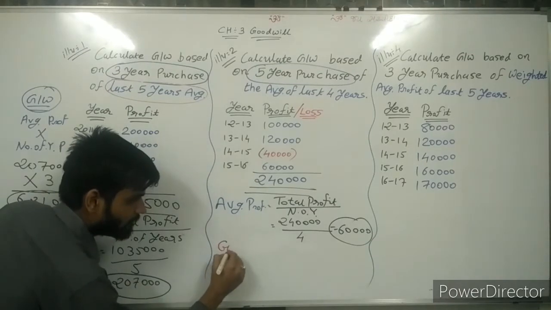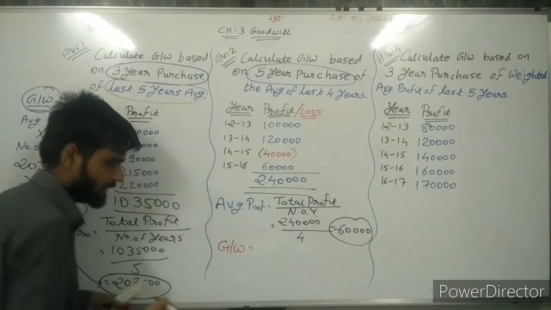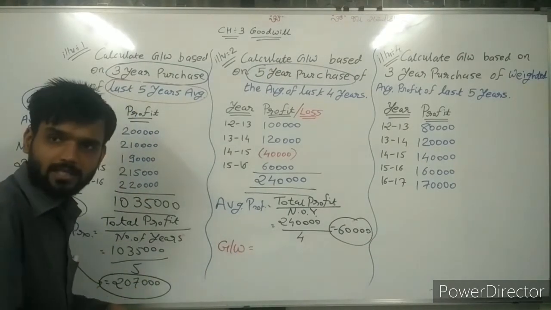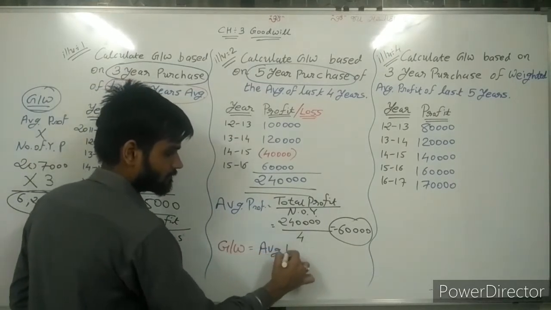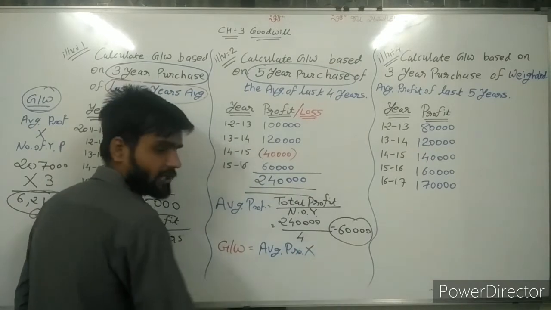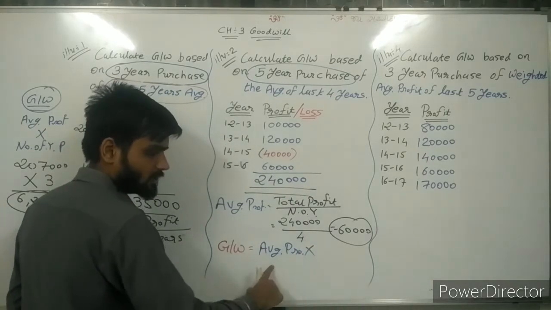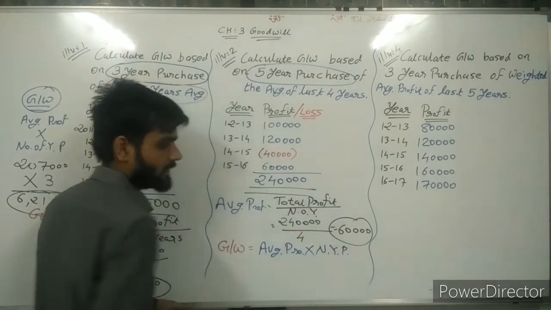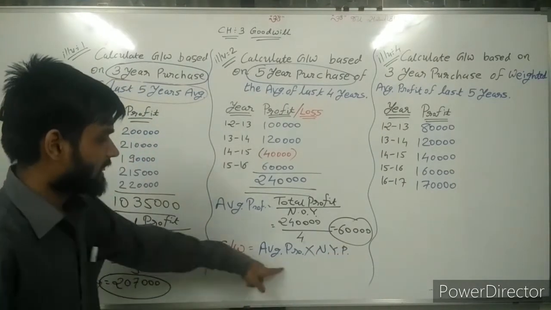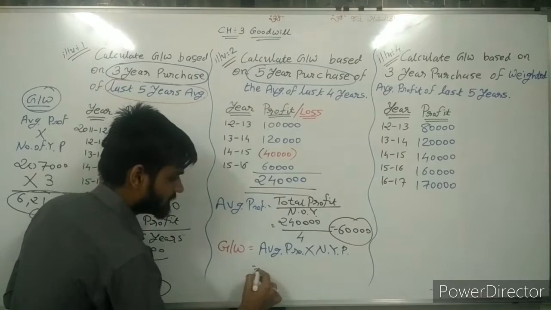So sir, if we need to find the value of goodwill, then goodwill is equal to average profit into number of years' purchase. Sir, average profit is this 60,000 rupees.